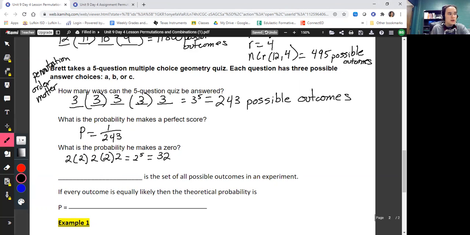So there are 32 ways to make a 0. That means our probability would be 32 out of 243. And we need to check and make sure that that is reduced. And it is. So 32 out of 243 is your probability for making a 0.